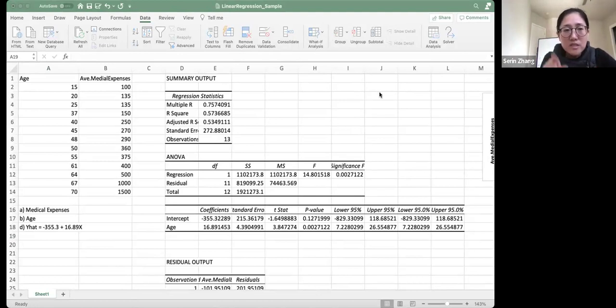But for this lab assignment, you have to put the Excel output. If you just do it using the applet and just write the function without the Excel results, there's some deduction.